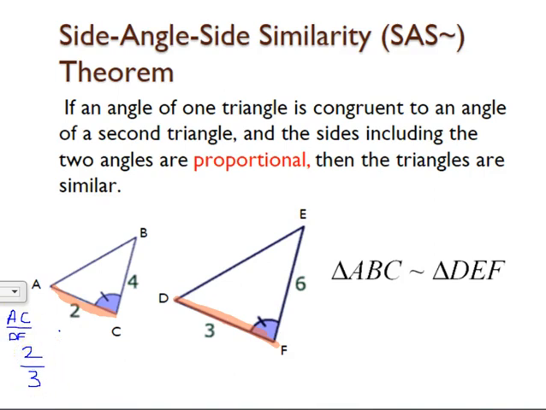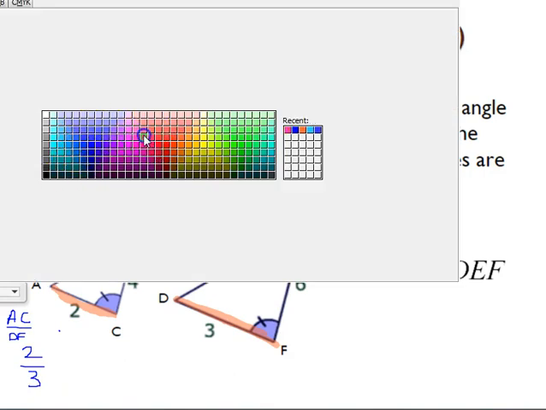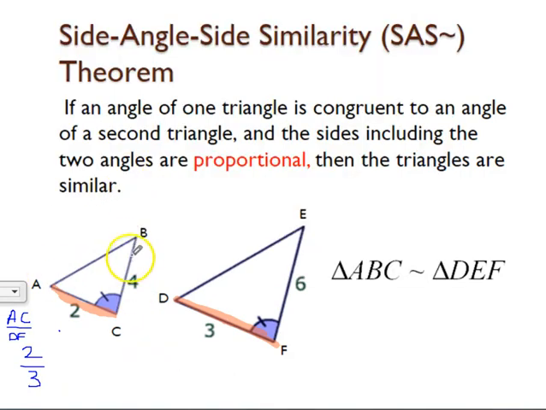Now we're going to do the same thing and see if the other set of corresponding sides are proportional. This leg here corresponds with this leg. So I'm going to write a ratio comparing side BC over side EF, and when I do that, I get 4/6, which reduces to 2/3.